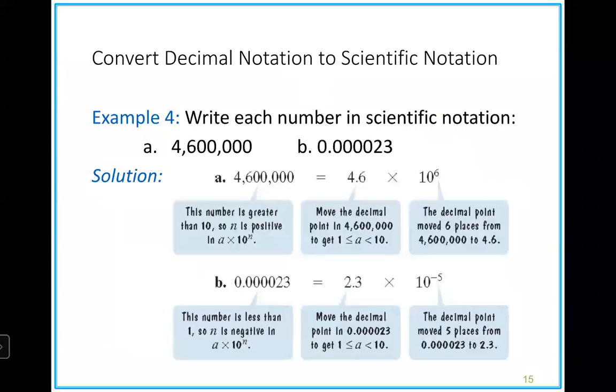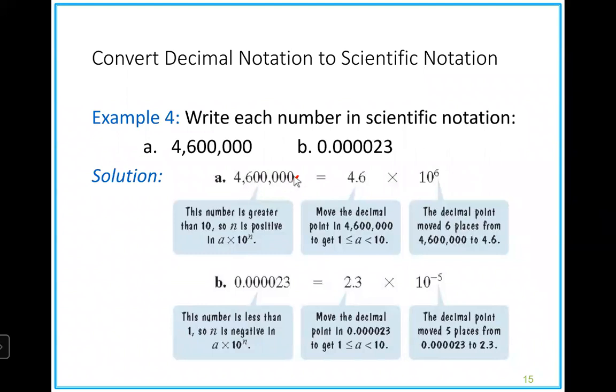So we have two examples. In this first example, we have 4,600,000. We want to change that to scientific notation. So the first part of your number has to fall somewhere between 1 and 10. And so you're going to have to move the point. The point is right now at the end, right here. So we're going to move the point to get the first part of the scientific notation to fall between 1 and 10, which would cause it to be 4.6.